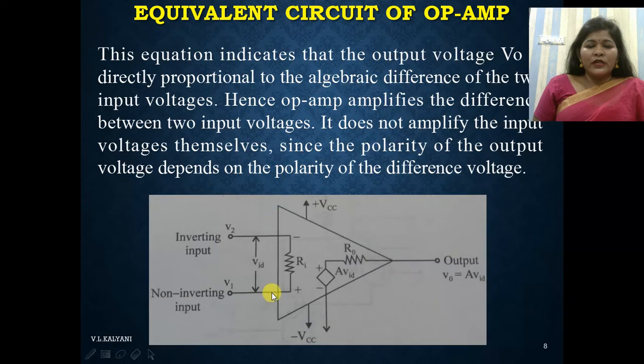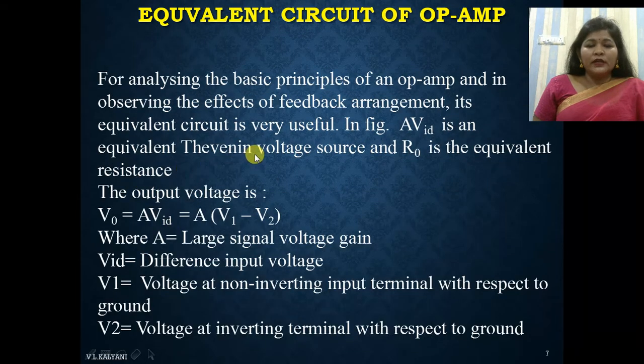So as you can see here, this is the VID, the input differential voltage, the difference of two voltages V1 minus V2. So here VID will be equal to V1 minus V2. The output voltage V0 is equal to A into VID, that is equal to A into (V1 minus V2), because VID is the difference of two input voltages.